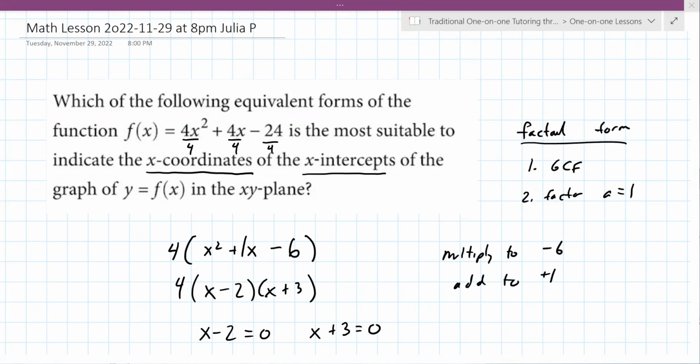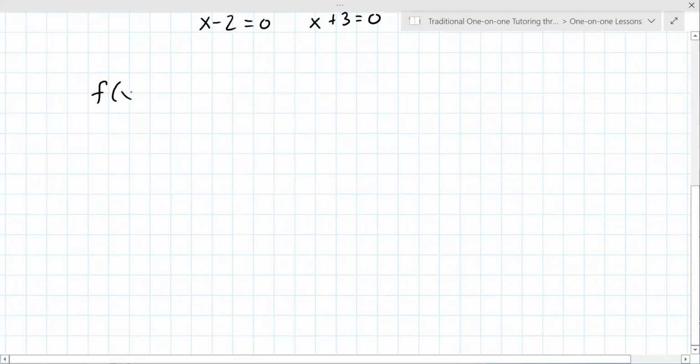All right. So now let me give you another one like this to just work on the factoring part with the greatest common factor. So let me just pull up a problem or two. Okay, so let's say it looked like this. F of x equals 5x squared minus 20x minus 25.